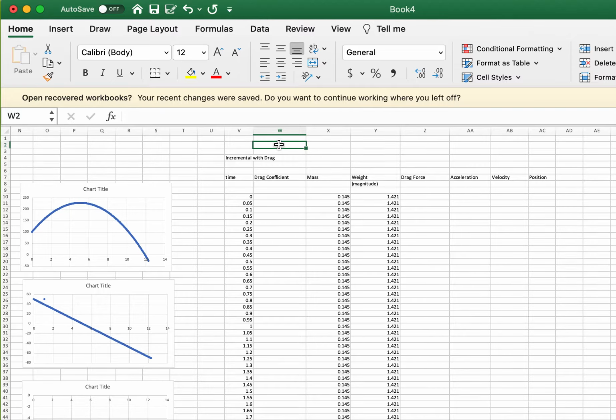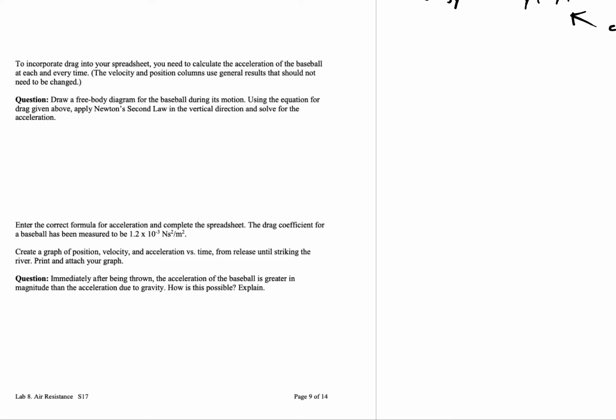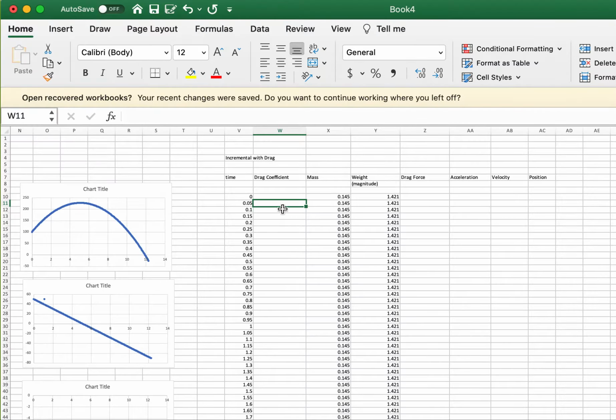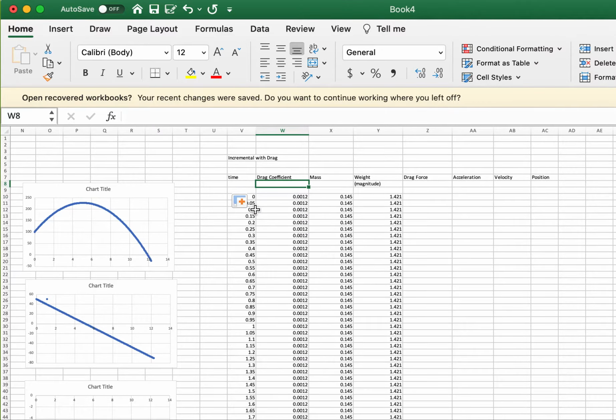But let's see, what drag coefficient do they want to use? 1.2 times 10 to the minus 3, so 0.0012. That's what they gave. So drag coefficient is B. That is the letter given to it. Mass M. Weight mg.